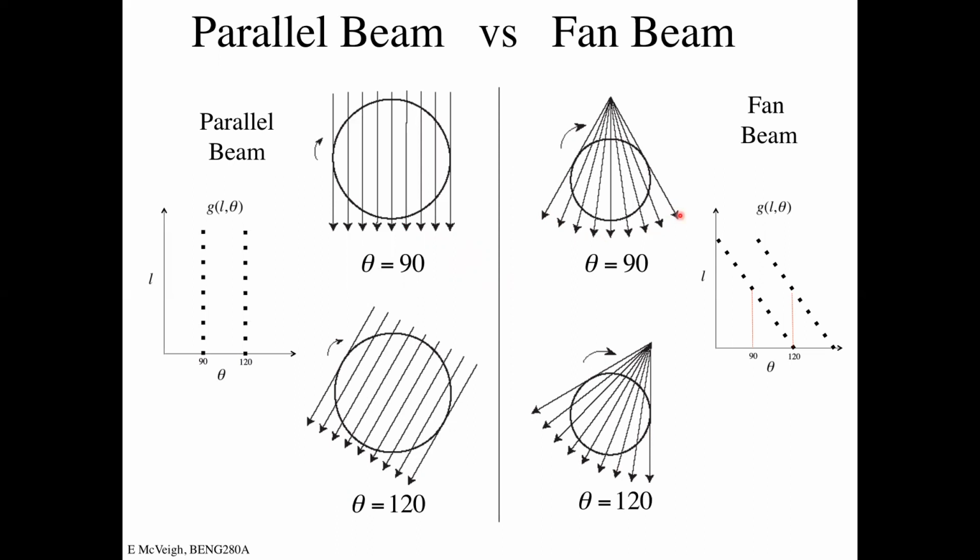Then as we rotate the source and the sampling grid, we will bin all of those thetas and put them back together. So we will eventually be able to re-bin all of these rays such that for a specific angle, we can get a set of parallel rays through the sample.